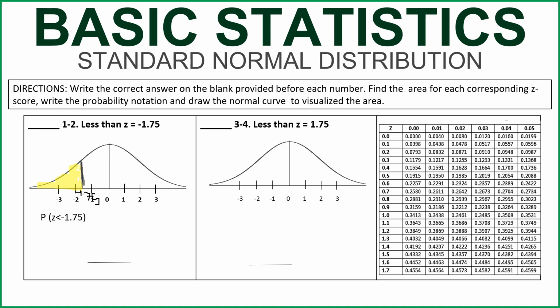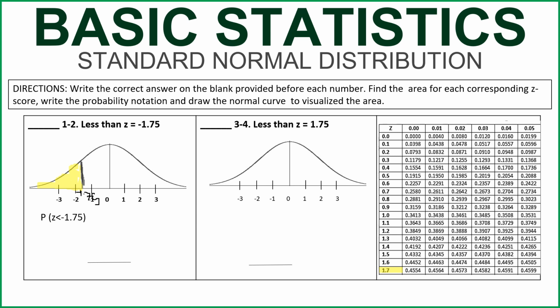And for the area, let's locate the area of -1.75. First thing we need to do is to determine the first two digits. The first two digits are 1.7 regardless of the decimal point, right? So 1.7 is over here.